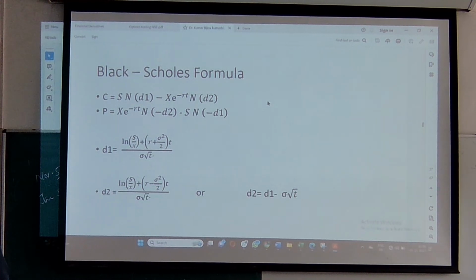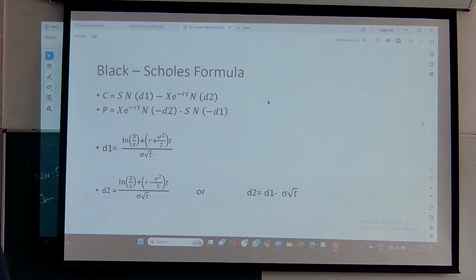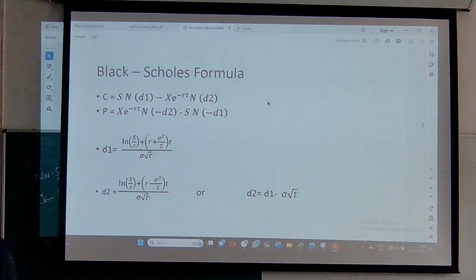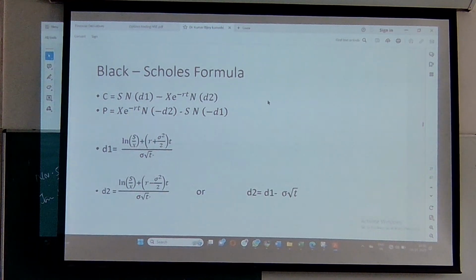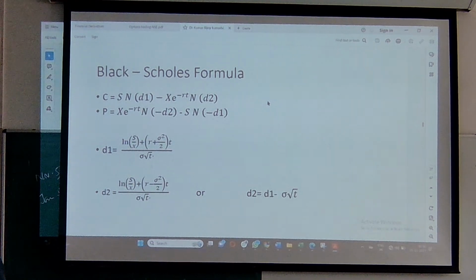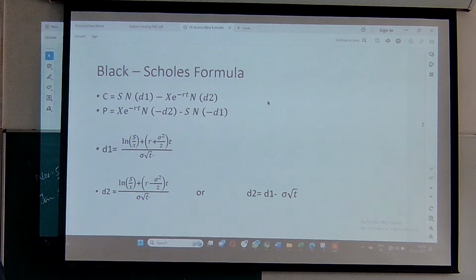Where you have written r plus half sigma square, that is sigma square by 2, if you make it r minus sigma square by 2, it will become d2. Or you can calculate d1 and minus sigma root t will give you d2.